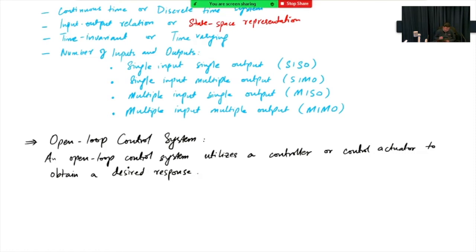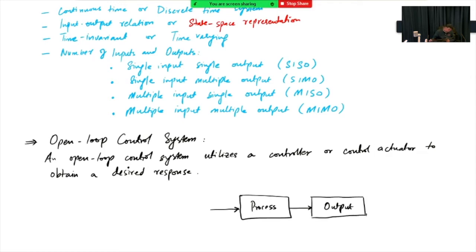Okay, and by that I mean that, again, let's make a process. That process has an input and it generates an output, and the open loop controller will actually have an actuating device.